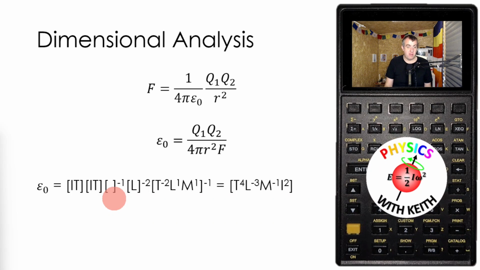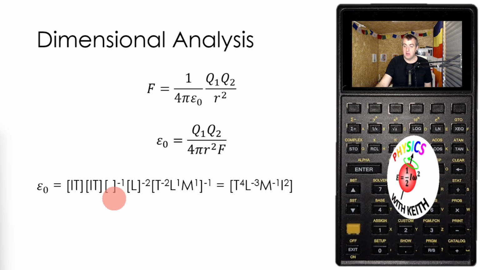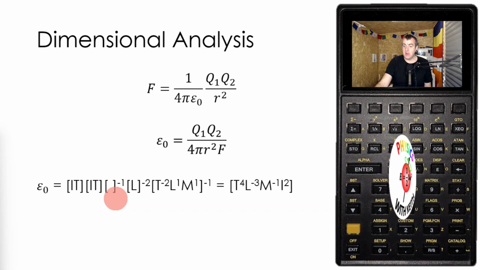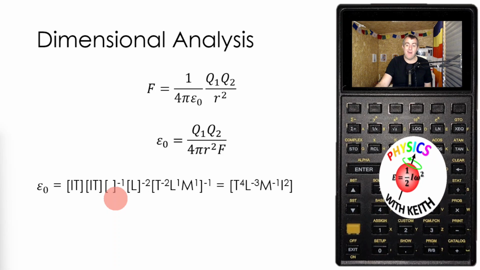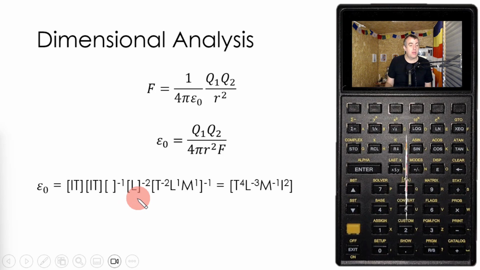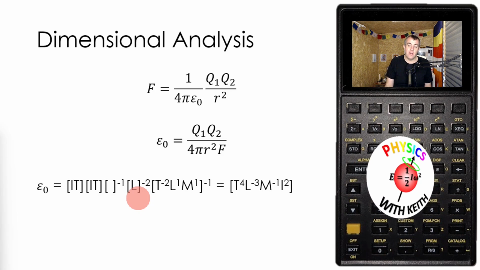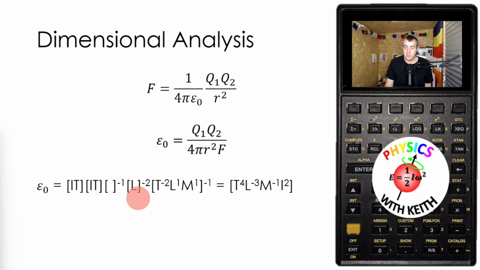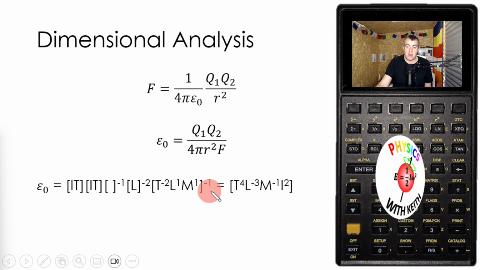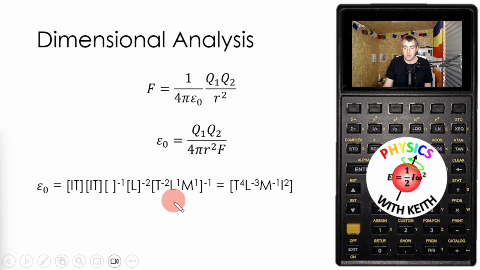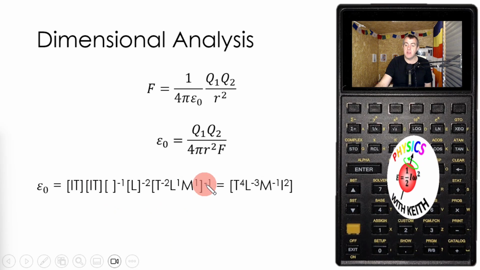So that's no dimension raised to the power of -1, it's just nothing. We've then got pi, no dimensions. We've then got r squared, that's a length, but it's to the -2 because it's on the denominator. We've then got force, and we already know what force is, and that's to the -1 because it's on the denominator. Now we just combine them all.